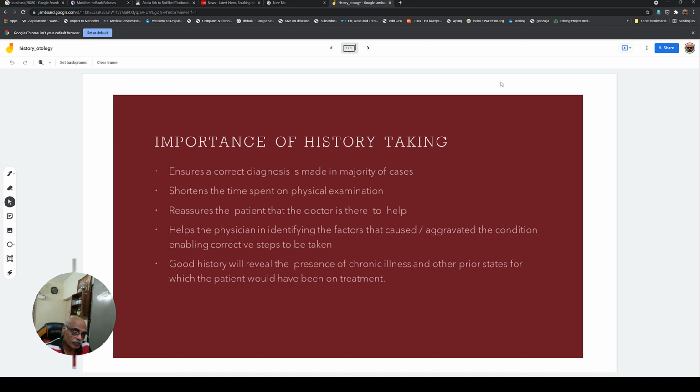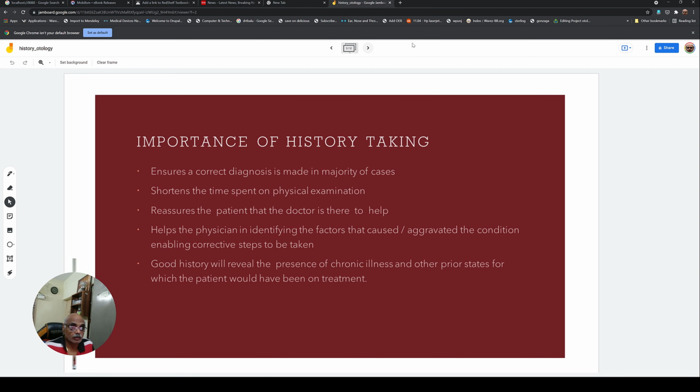And a physician can identify the various factors that could have caused this problem or aggravated this problem, thereby enabling them to suggest corrective steps to the patient. A good history again will reveal the presence of chronic illnesses and other prior history states for which the patient would have been on treatment.